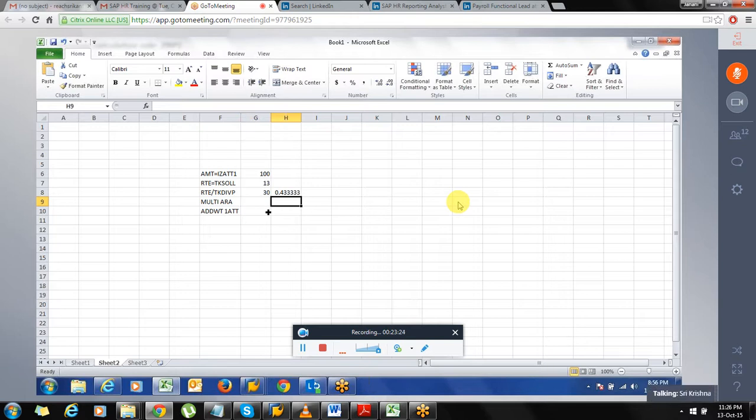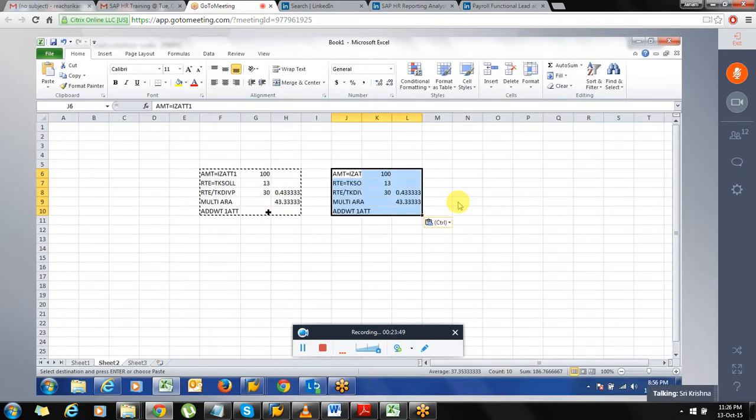Then what we are doing, what is the amount? 100 is the amount, and we are multiplying this 100 with this 0.43. So you got 43.33 over here. The same thing we are adding here. So if you copy the same thing to the second split, in our example, right?